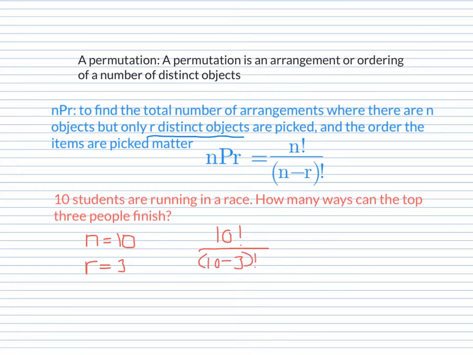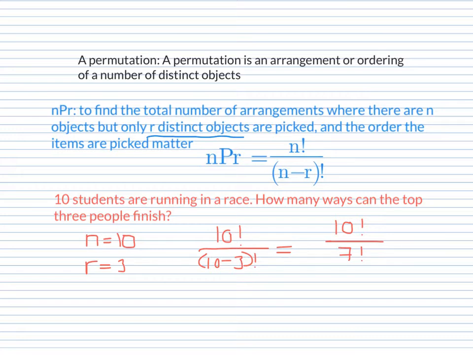Now, once you get higher in this class, you will see that your calculator has all these operations, and you will be allowed to use your calculator. To calculate this formula by hand, though, just so that you can see it, we have 10 factorial divided by 7 factorial.